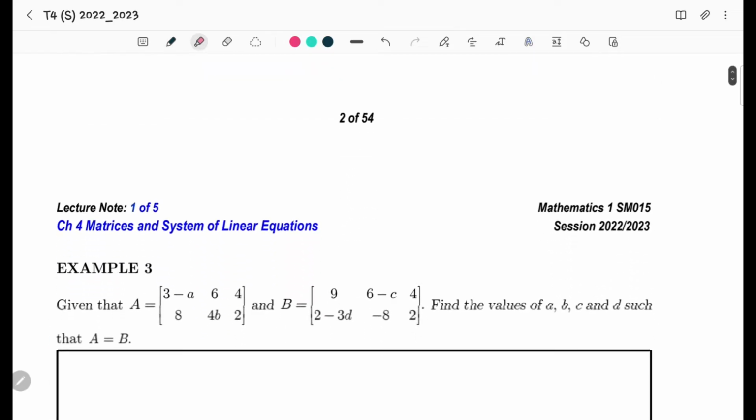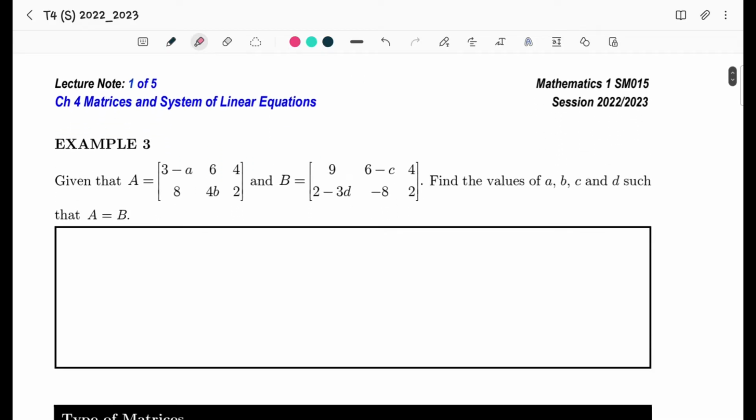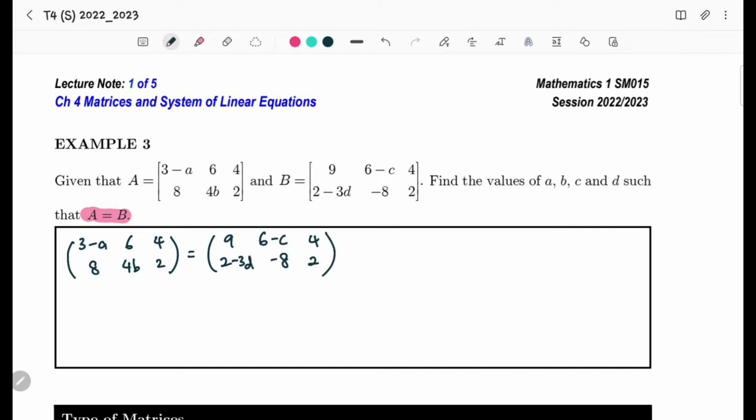So, for example, given A and B, find the values of a, b, c and d such that A is equal to B. So it is stated that A is equal to B, so then we can just rewrite that in equation form. 3 minus a, 6, 4, 8, 4b, 2 is equal to 9, 6 minus c, 4, 2 minus 3d, negative 8 and 2. So now we can just compare these two.